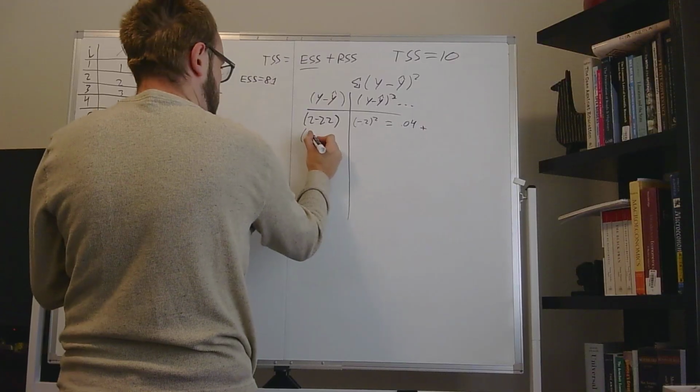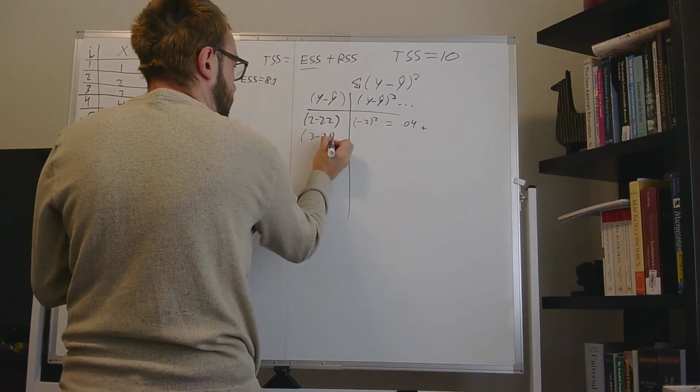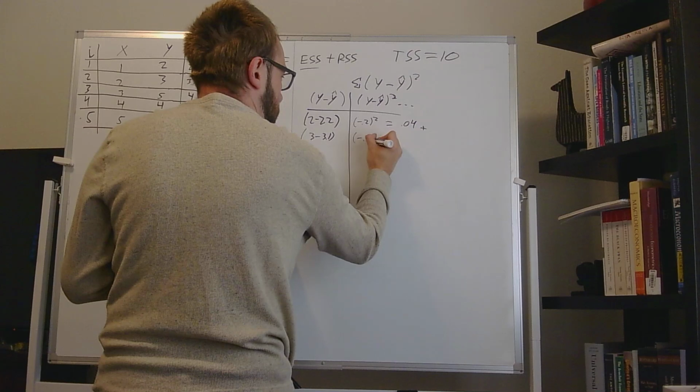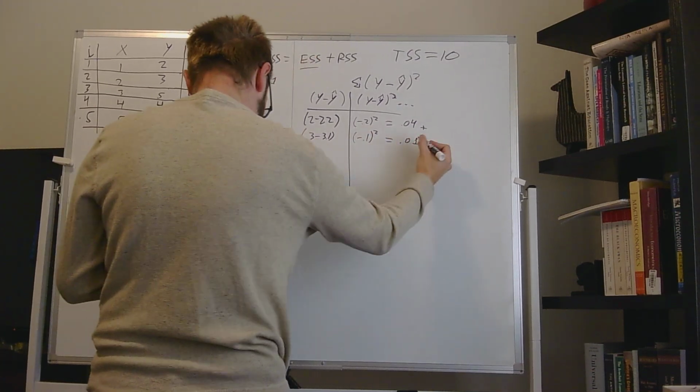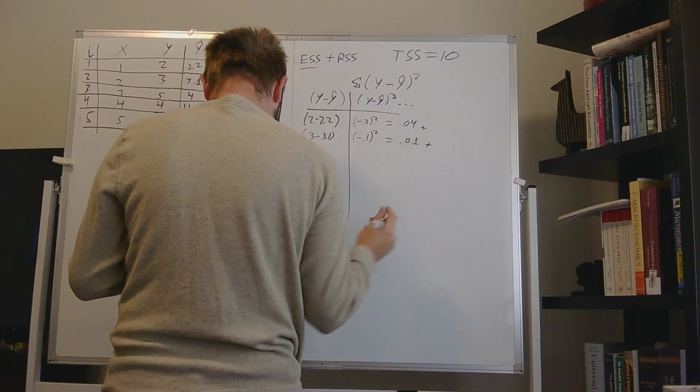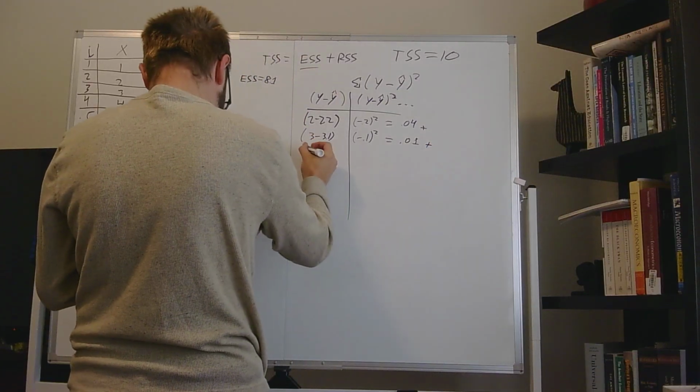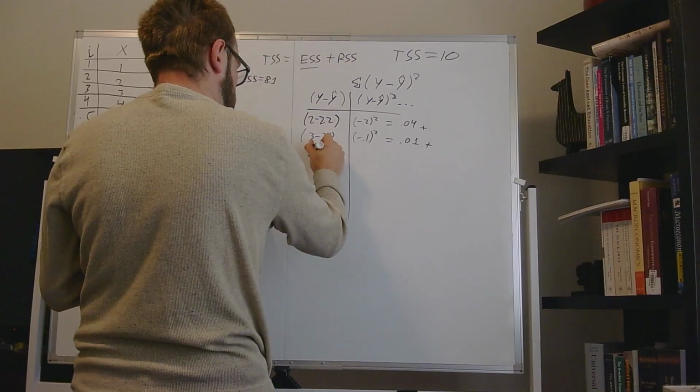This is going to equal 3 minus 3.1, which equals negative 0.1. And we're squaring that. It's going to equal 0.01. And then we're adding this. And then we have 5 minus 4.